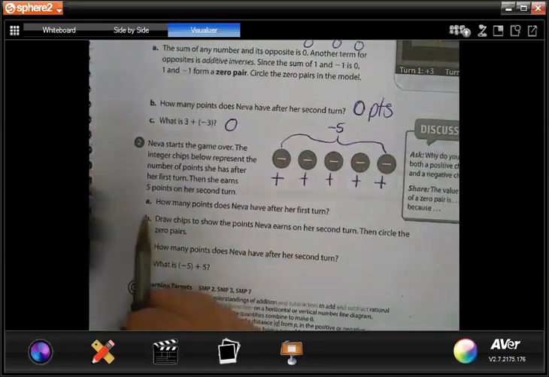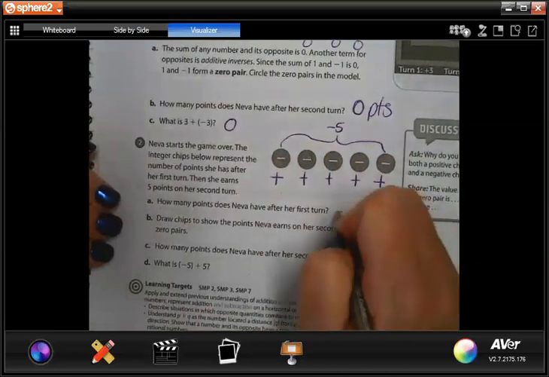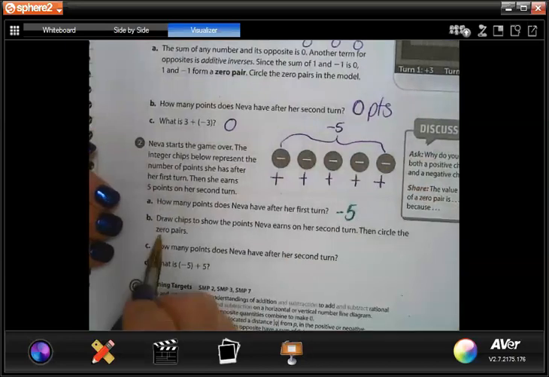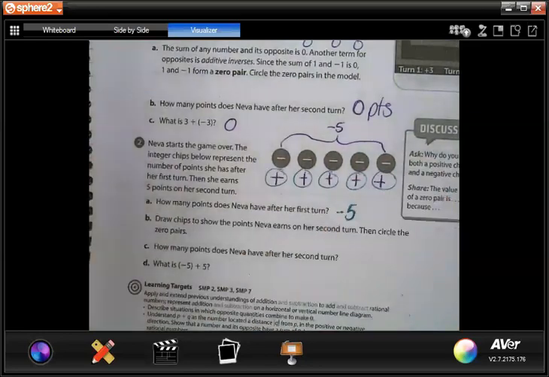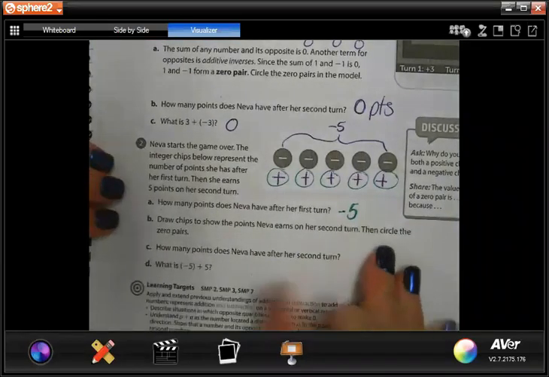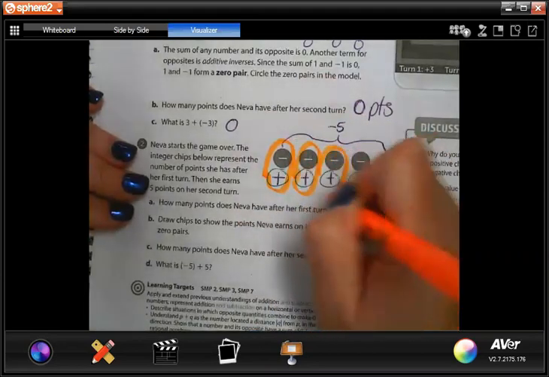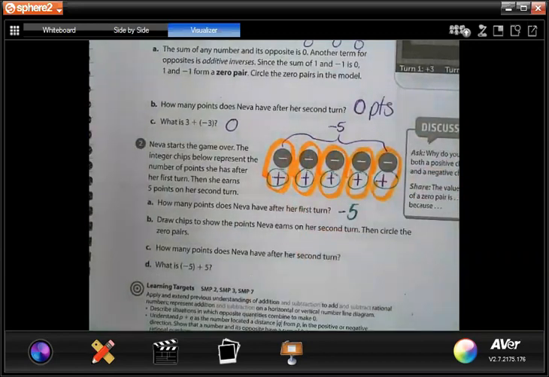Okay, so A, how many points does Neva have after her first turn? She has -5, right? Because this was after her first turn. Then we already drew in the positive 5 points that she gained after her second turn. And we're now going to circle our 0 pairs. So these are all considered 0 pairs because there's one of each. And so basically they cancel out.